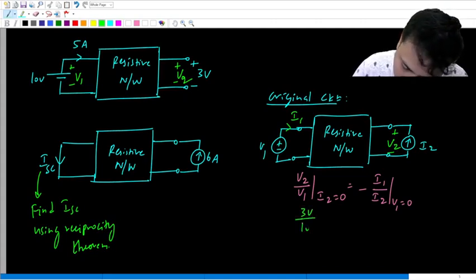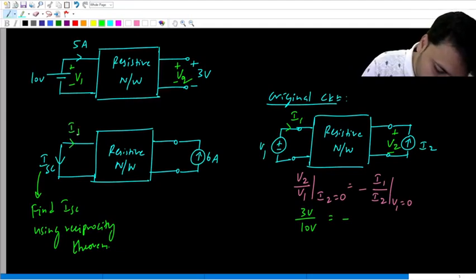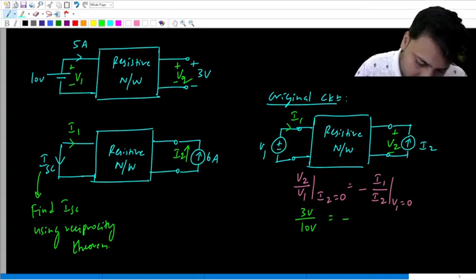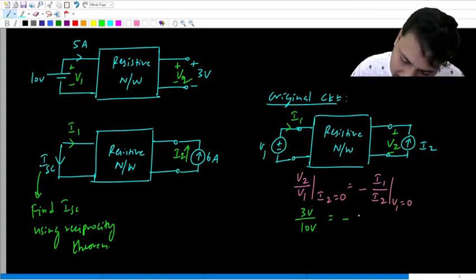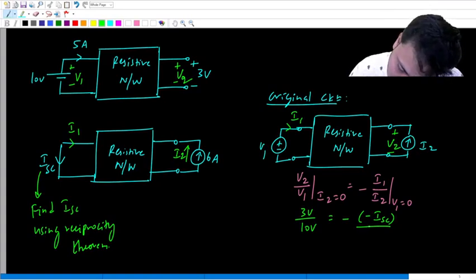So what is V2 by V1? It is 3 volts by 10 volts, equal to the negative of, what is the direction of I1? Like this. What is the direction of I2? In the upward direction. So I1 is minus ISC. So minus of minus ISC, the short circuit current, divided by I2.